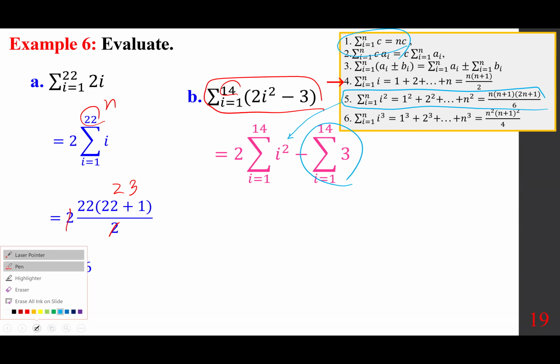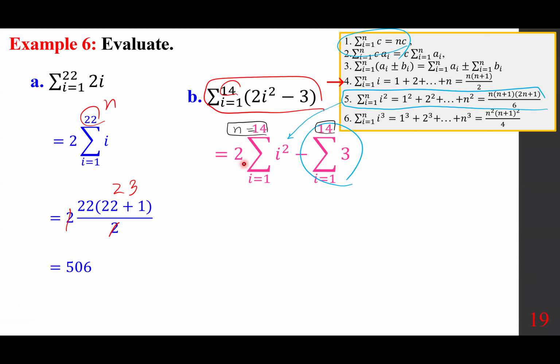Let's quickly go over that. 2 times the summation of I going from 1 to 14 of I squared. So we're going to write 2 times, and I'm going to go with n. n is 14, everybody. Same thing here.